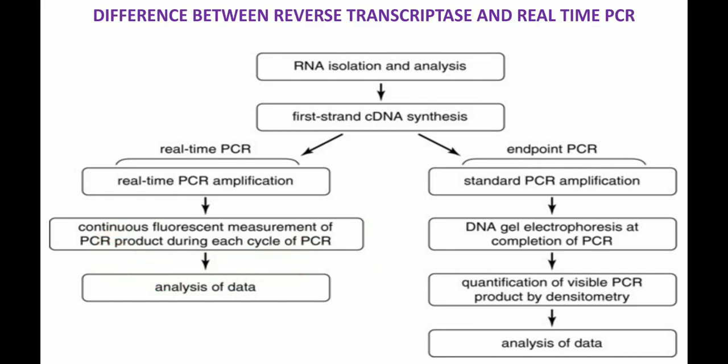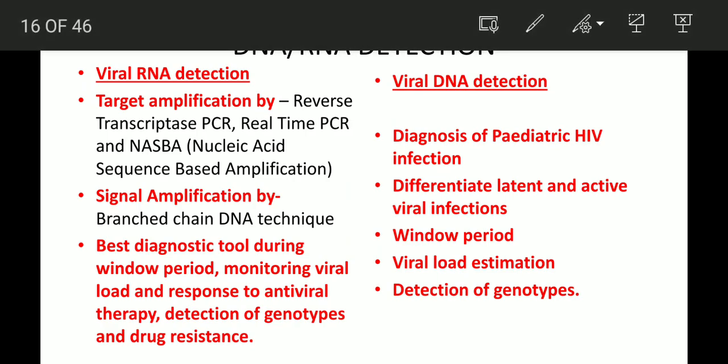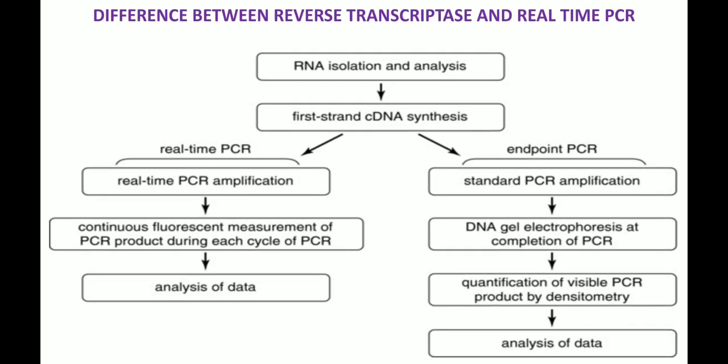Whereas in reverse transcriptase PCR, once the complementary DNA strand is synthesized from the sample, you go by the standard PCR amplification and do a gel electrophoresis of the components of the PCR, and only then can you quantify the end product.